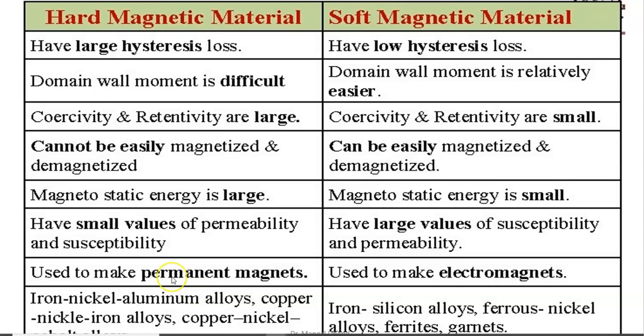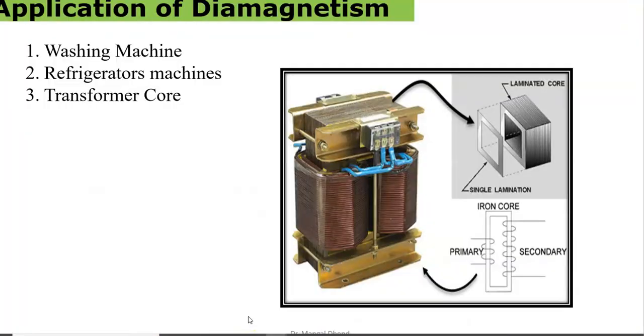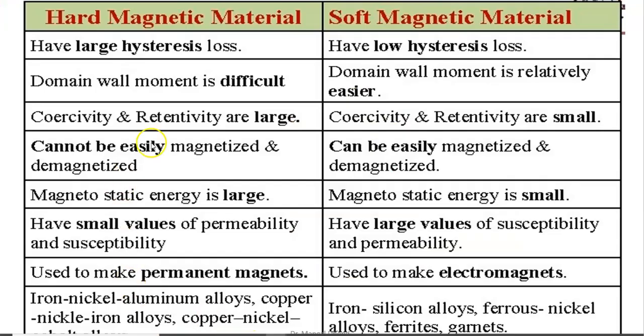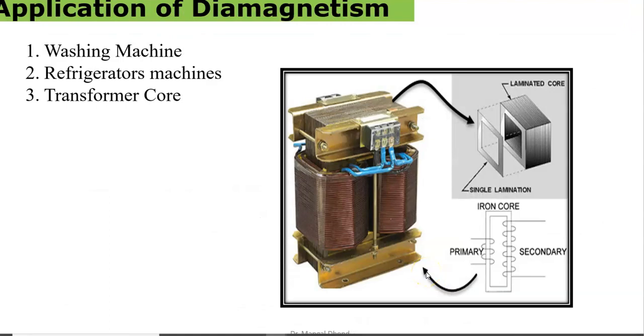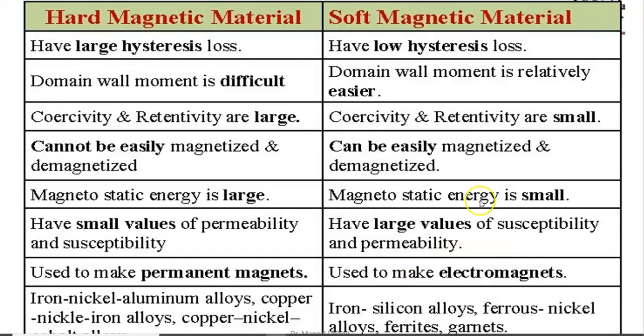Because permanent magnetism is there, iron nickel aluminum alloys, copper nickel iron alloys and copper nickel alloys are hard magnetic materials, but iron silicon alloys, ferrous nickel alloys, ferrites and garnets are soft magnetic materials. Okay, so here we have completed ferromagnetic material, which is very useful in electrical applications.